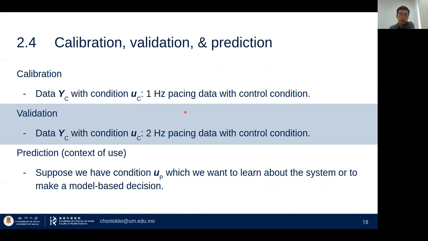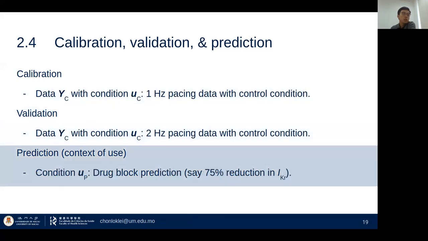In theory, we should be able to tease out different dynamical properties of the action potential model and see whether we can actually do validation based on that. Finally, for predictions, or if you like, the context of use, like I mentioned a few times already, we would do drug predictions. In this case, we would try to predict a 75% reduction in IKr and see if our fitted model, model F, the candidate model, can predict that well for the ground truth model, model T.